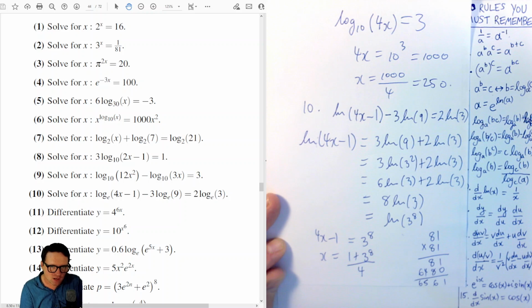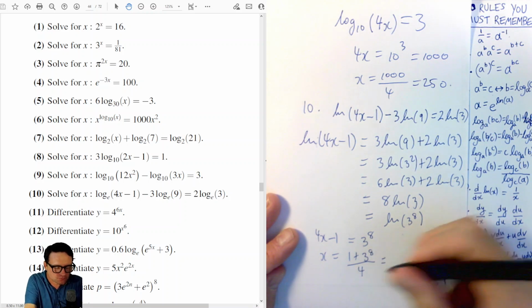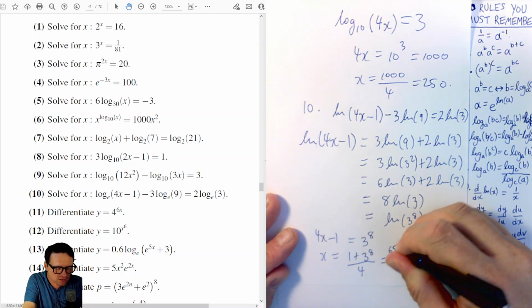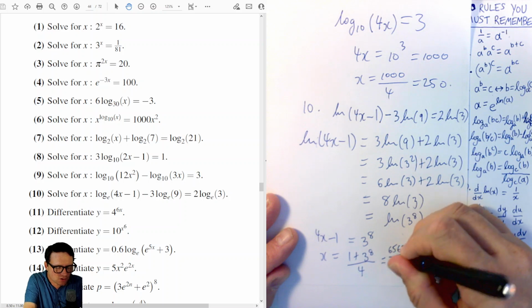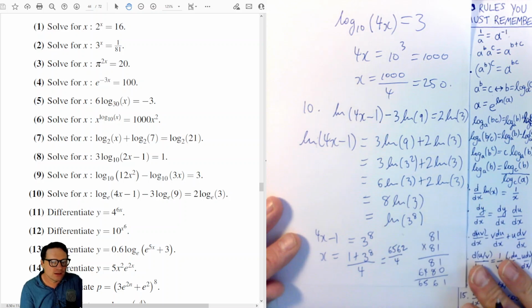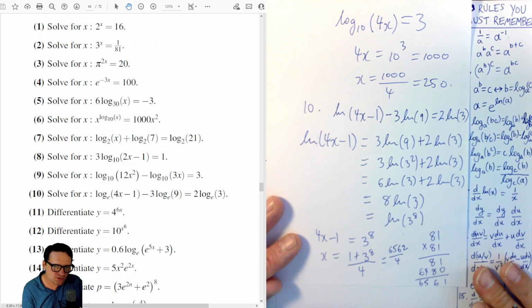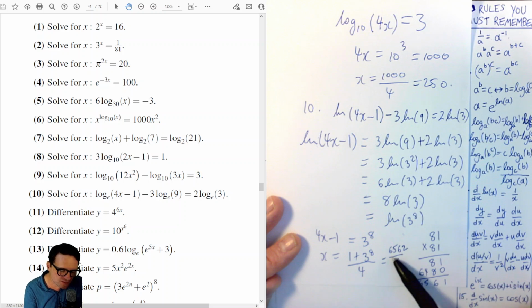So 6561 plus 4 is 6562 over 4. Now 6562 divided by 2 is, let's see, so we'd have 32 plus 25, right?